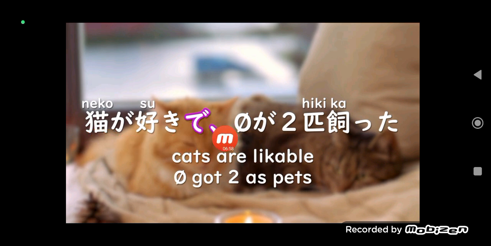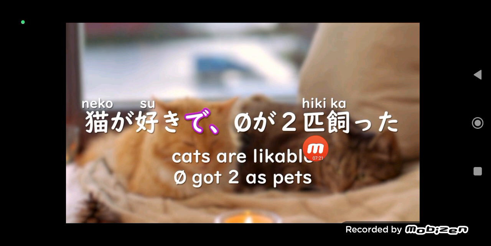Neko ga suki de. Say this person, say Adam, or Mr. Tanaka, or your younger brother, otouto. Neko ga suki de, otouto ga nihiki katta.